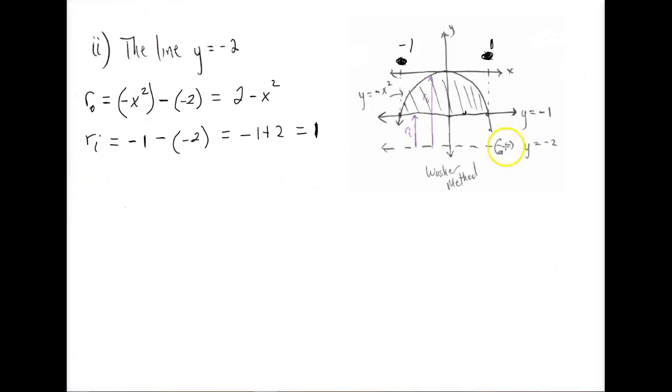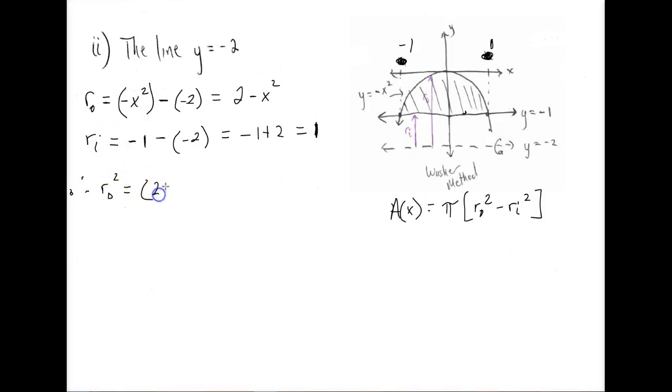So now that we have this, since we're using the washer method, we know that the area in terms of x here is going to be defined as pi times the outer radius squared minus the inner radius squared. And so that means here we need to find out what the outer and inner radii are squared.